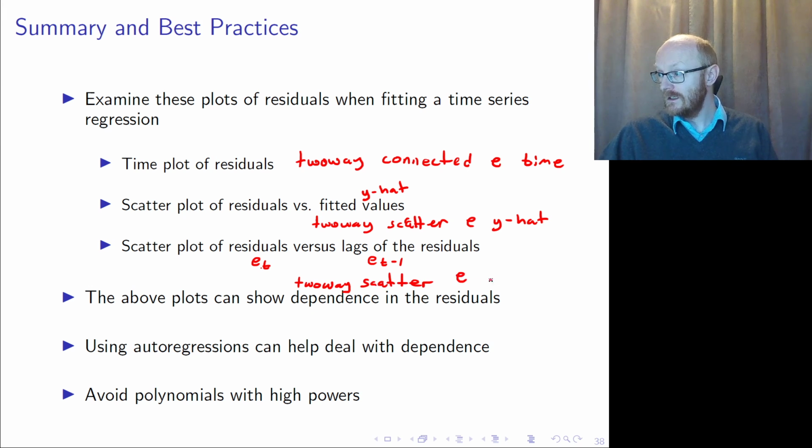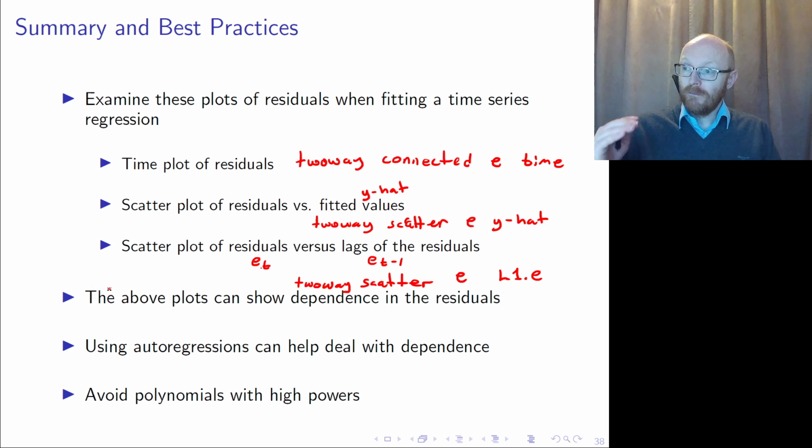Scatter of E on L1.E. So if you have defined your data set as a time series, then you can use this L1.E command to make a lagged variable. So by checking these three time series or scatter plots, then you can look for dependence in the residuals.